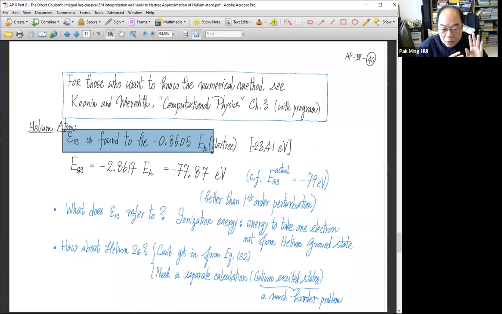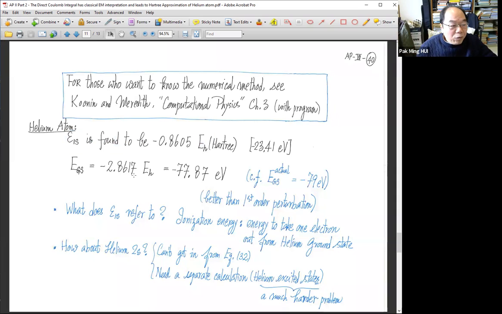So the epsilon 1s has some physical meaning. It is related to the first ionization energy, but it is not directly related to the ground state energy of the whole atom. We need to do another expectation value.